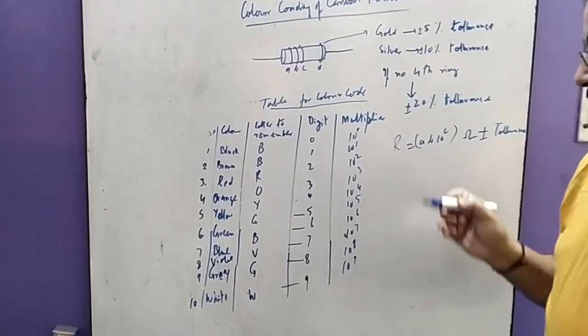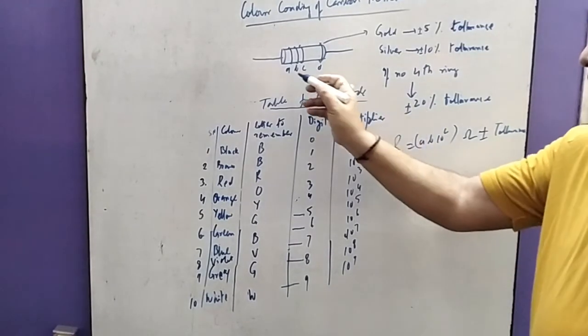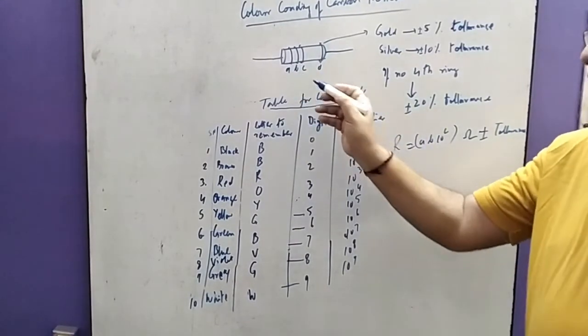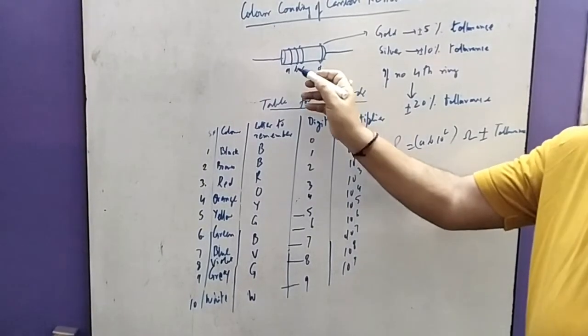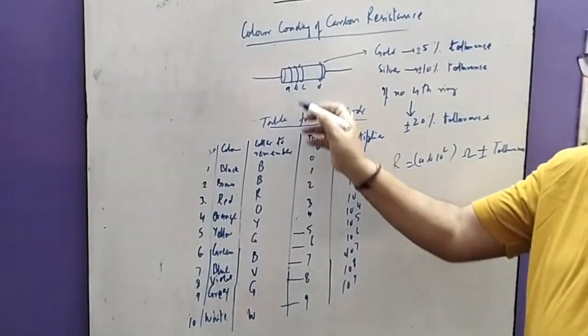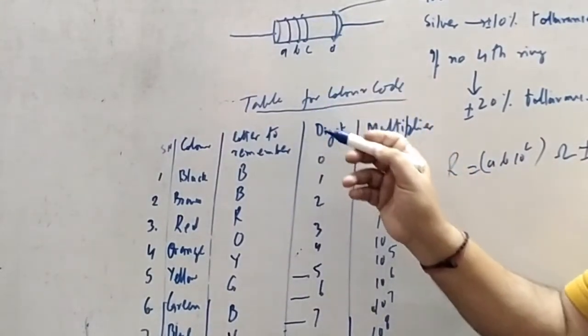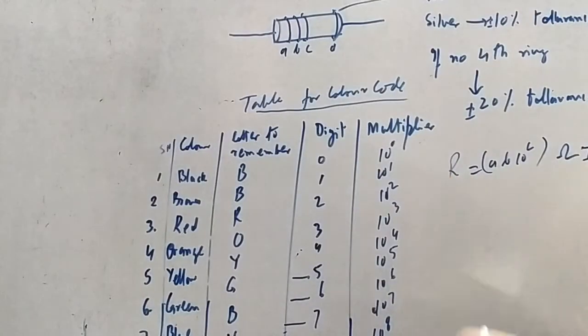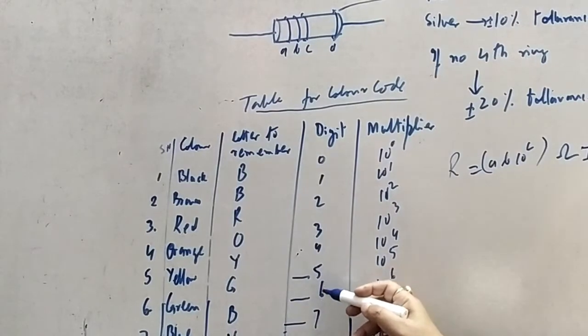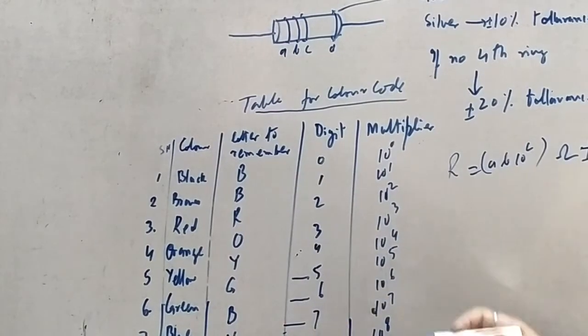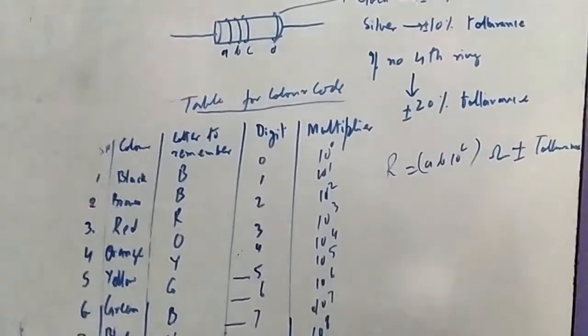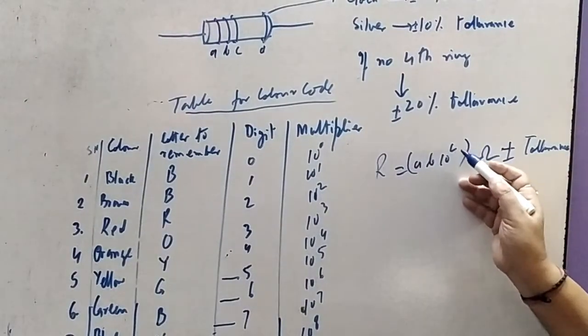Suppose the first color is brown, then it stands for 1. The second color is green, which means 5. The third color is orange, which stands for 10 to the power 3.